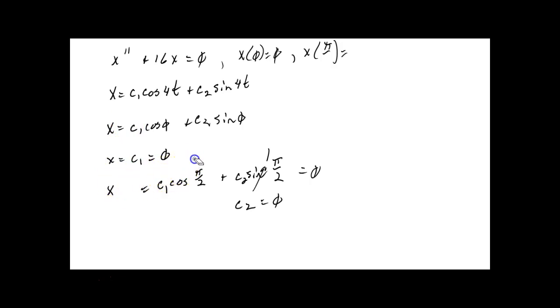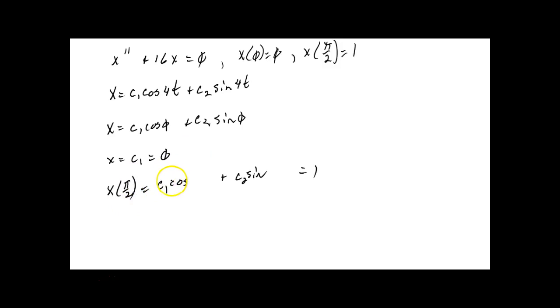This is the one we change. x of pi halves is equal to 1 now, not 0. Now, the first one, when you plug in x equals 0, you see that C1 equals 0. I just didn't change anything there. So in the second one, when x is equal to pi halves, that's what I had there. I couldn't remember why I had a gap there.